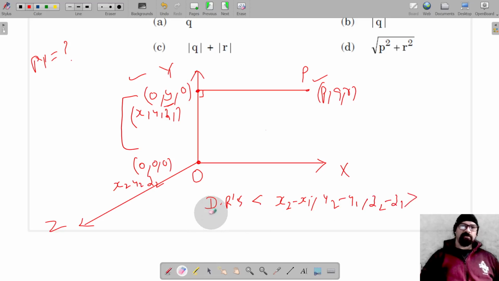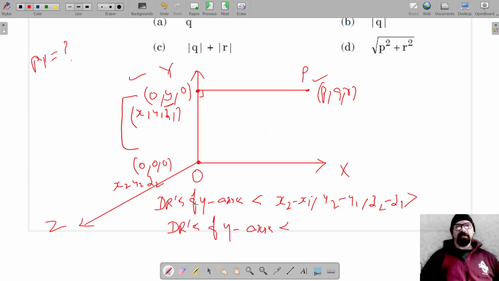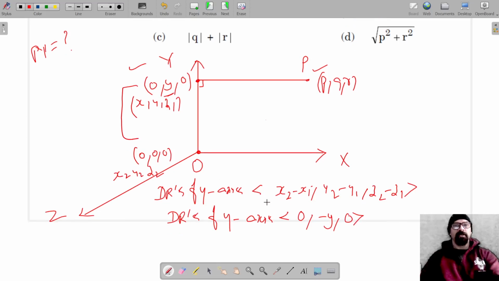So we have the direction ratios of the y-axis as 0, y2 minus y1, which is negative y, and 0 minus 0 is 0. So these are the direction ratios of the y-axis.